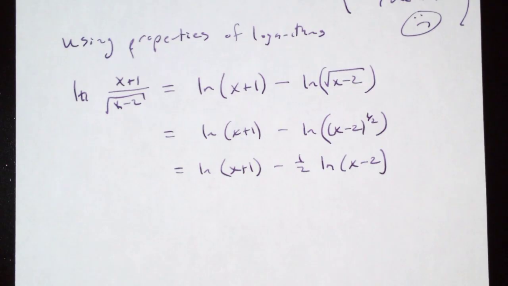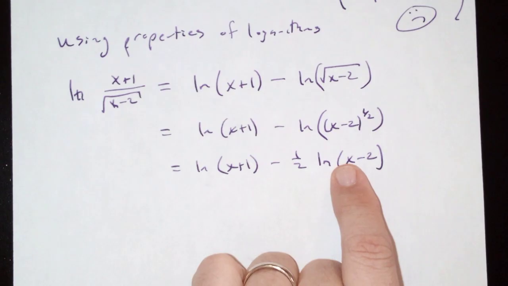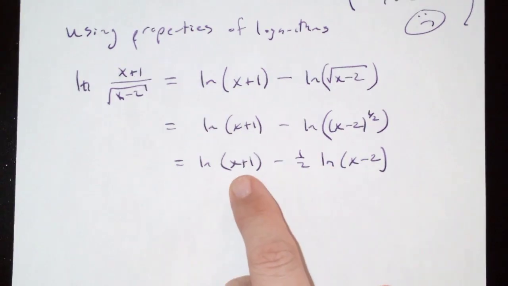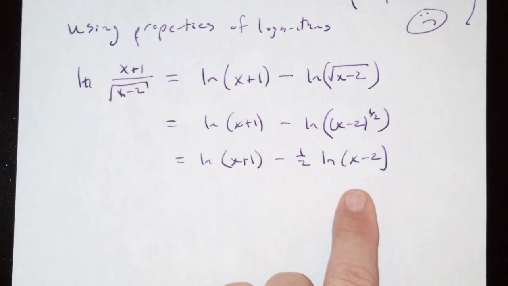Now, why is this better? These are chain rules, right? ln of stuff, ln of stuff. What's the derivative of x plus 1? And the derivative of x minus 2? So the chain rules are a crap ton easier, aren't they?